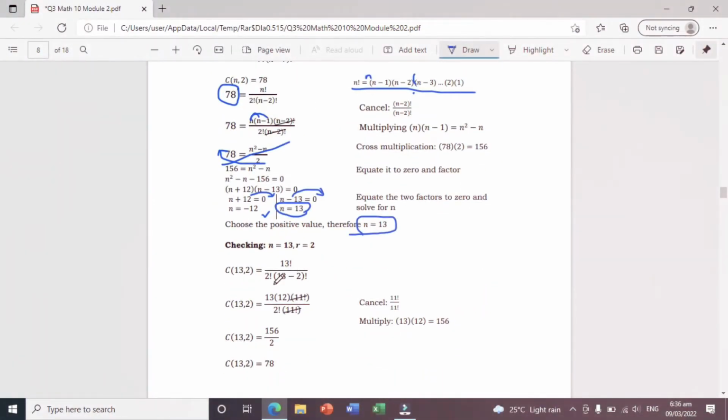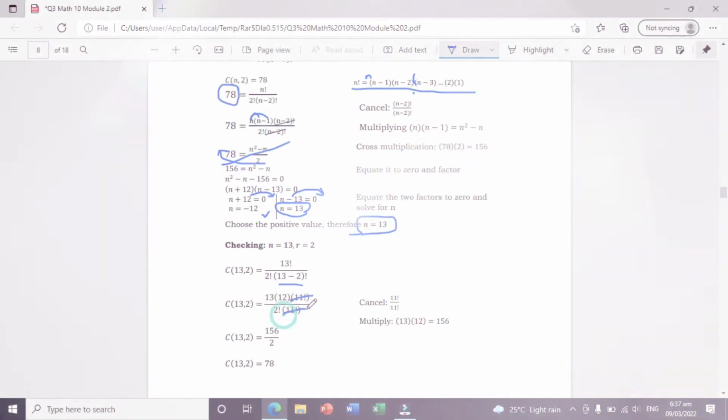So, we're going to check C13,2. So, C13,2 is 13 factorial over 2 factorial times 13 minus 2 factorial, 13 times 12 times 11. So, why 11 factorial? Because 13 minus 2 is 11, then factorial. So, we end here so you can cancel right away.